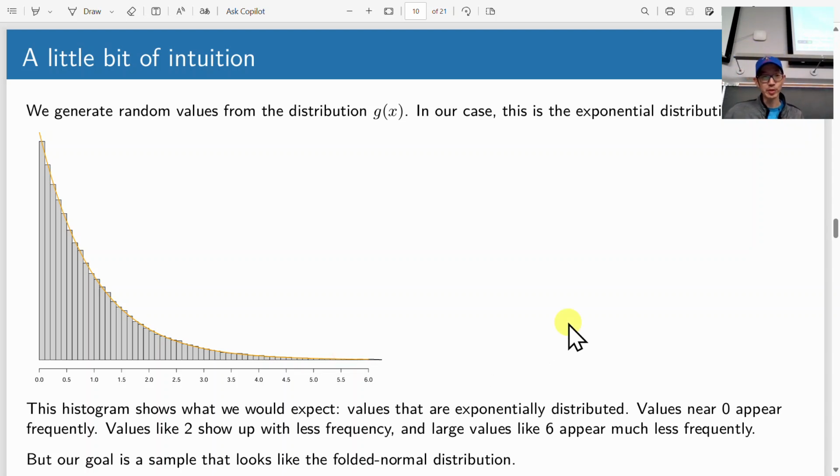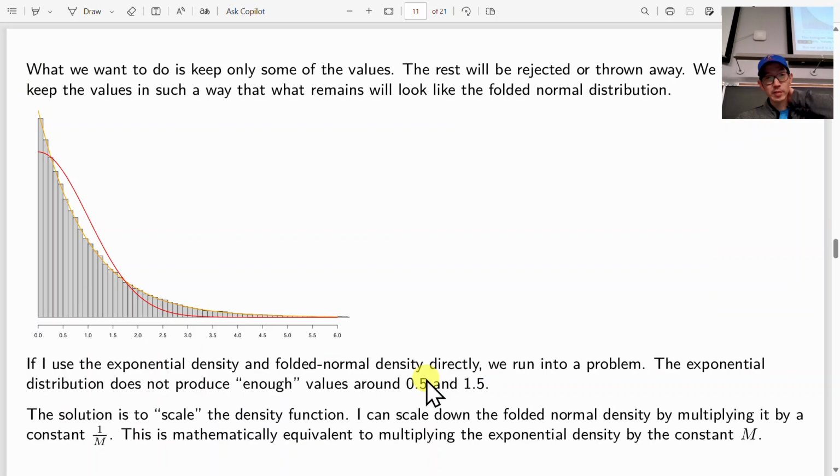Again, it's random, so it doesn't fit perfectly. Like this one just peaks a tiny bit over the PDF, but overall, there's a very close fit between the random values that I've generated or proposed and the PDF of the proposal distribution, g of x, okay?